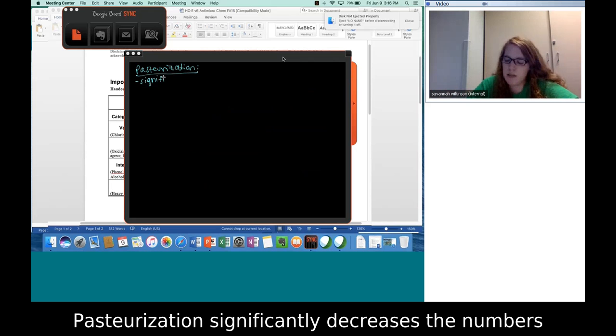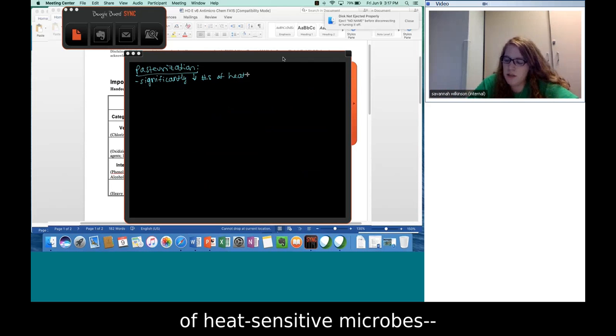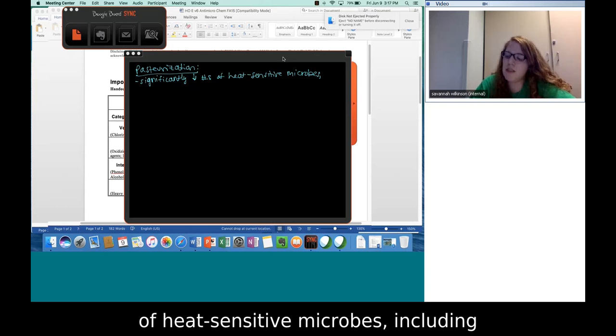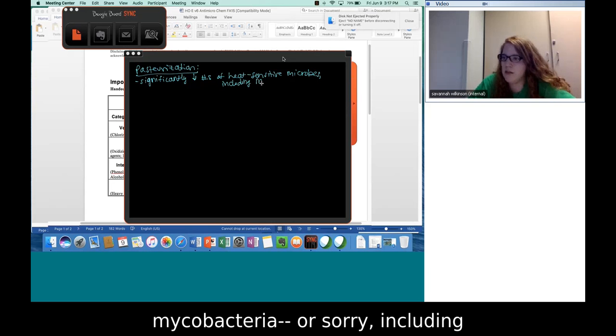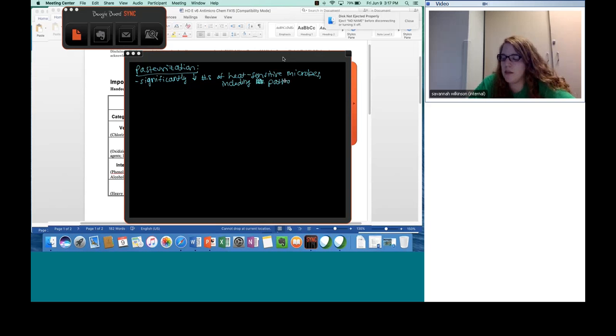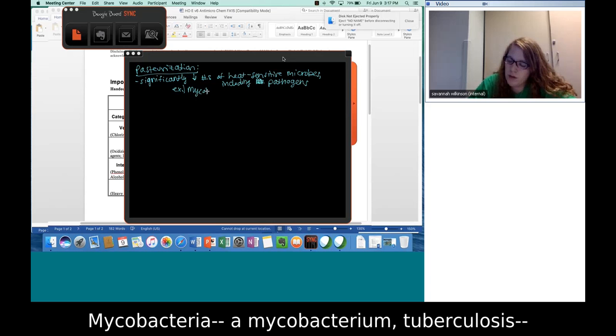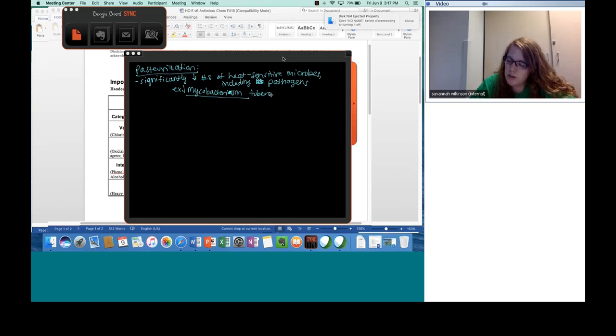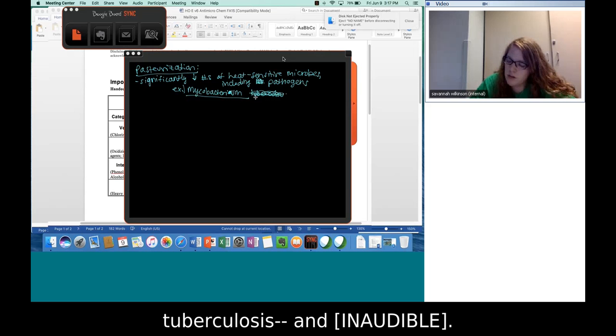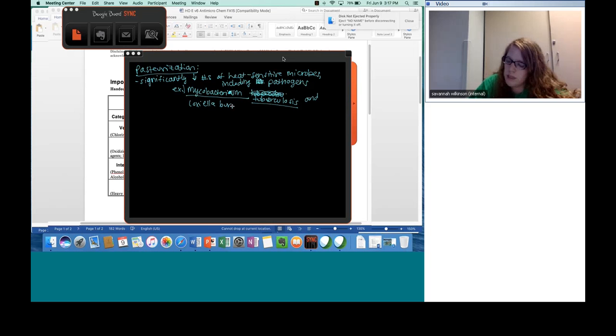Pasteurization significantly decreases the numbers of heat-sensitive microbes, including pathogens like mycobacteria, Mycobacterium tuberculosis, and Coxiella burnetii.